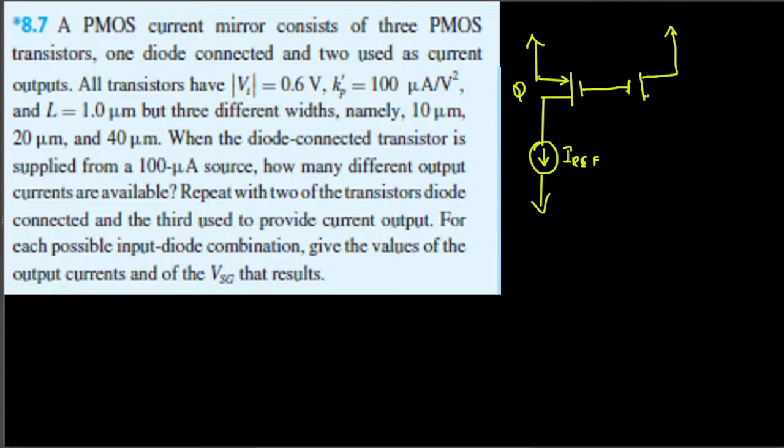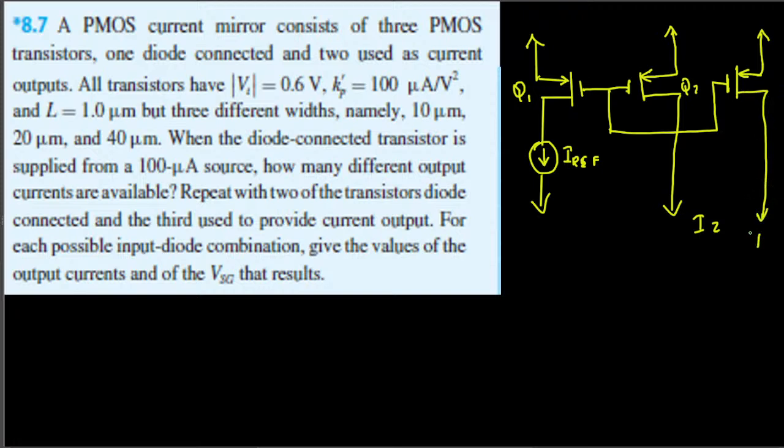This is I2, and let's call this one Q1, this is Q2, and this is I3 and this one is Q3, and this is just for the illustration.